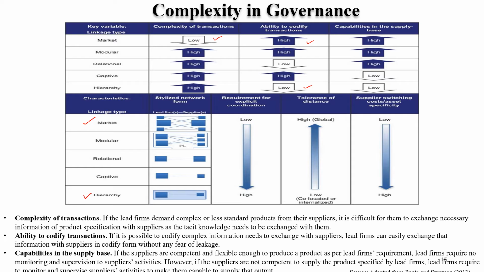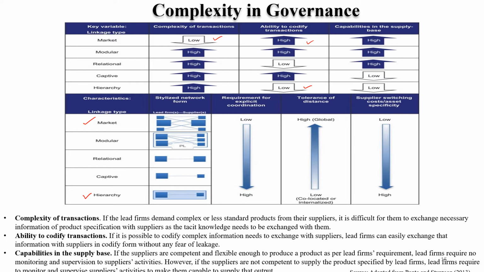Lastly, the capability in the supply base is also important. The big lead firms, which are mostly multinational, are outsourcing some critical or non-critical components from companies across the border. Now the question is whether the suppliers are able to increase their supply if the demand for the product goes up. So the capability of the supply base is very important.